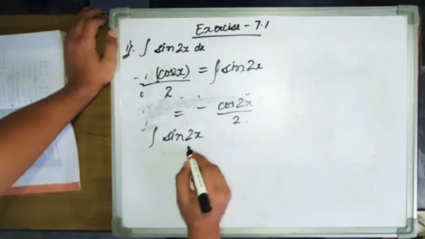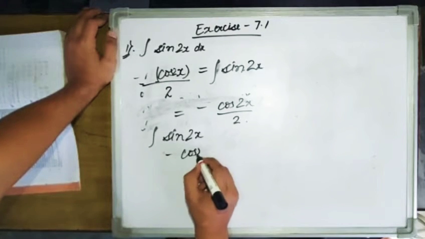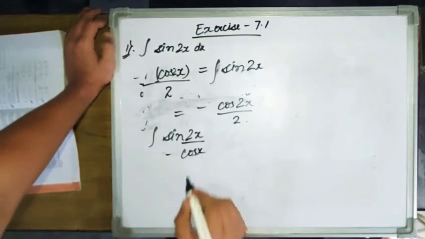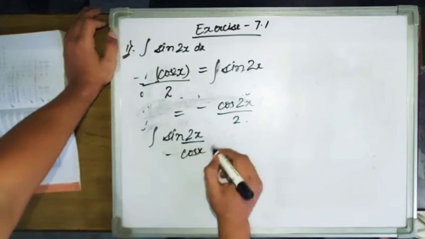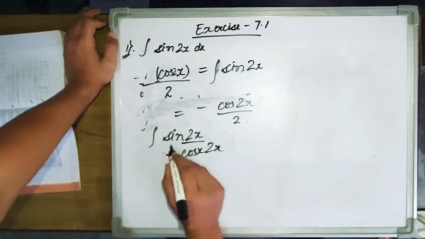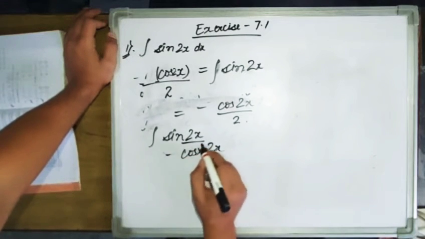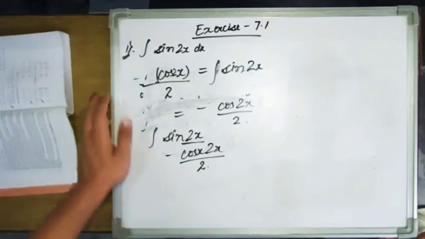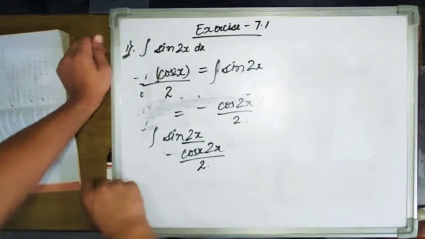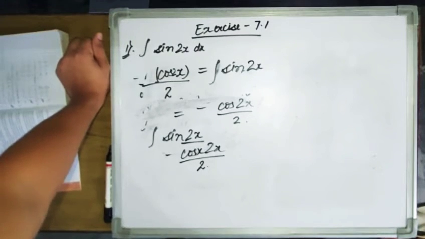What is the integration of sin x? Sin x integration is minus cos x, and then divide by the derivative of 2x, which is 2. This is how your first question will be solved. Pause the video to note it down. Then we will move to our second question.